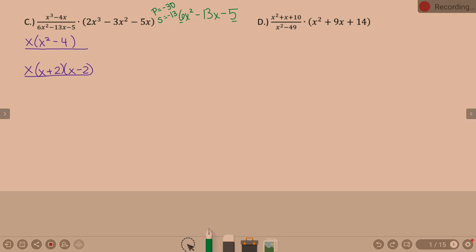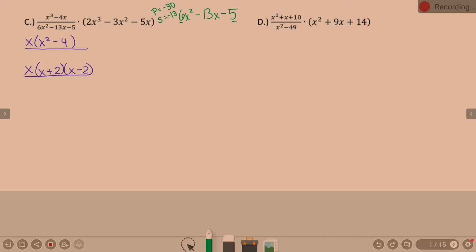Think carefully here. Product of negative 30, sum of negative 13. 15 and 2? Are you guys all smarter than me? No one did the 3 and 10? Aaron was sounding like he was working on it.